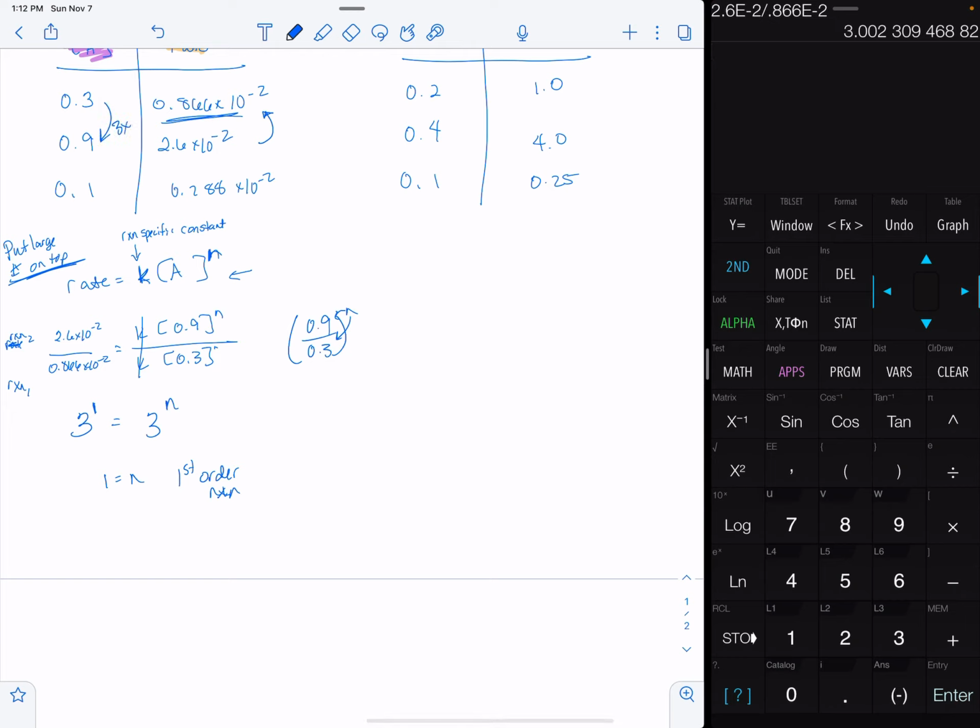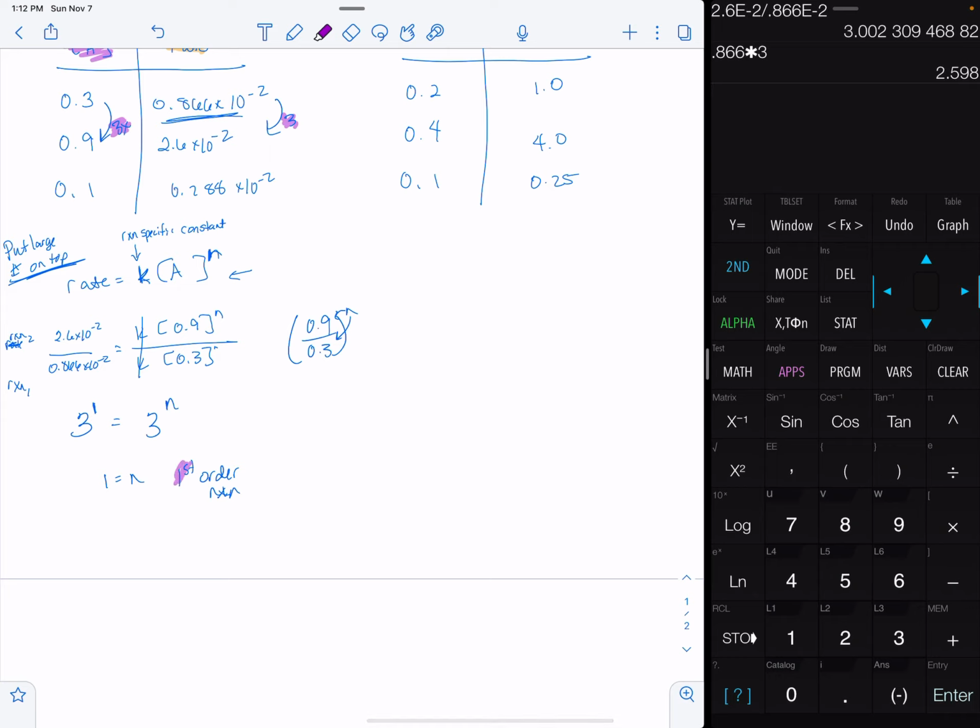This is a change of 3, right? Let's see if this is a change of 3. So 0.866 times 3, 2.6. Yeah, that is a change of 3. So when they change in the same way, if you triple something, it triples the rate. If you double something, it doubles the rate. If you quadruple something, it quadruples the rate. If the rate is doing the same thing, then it's first order.